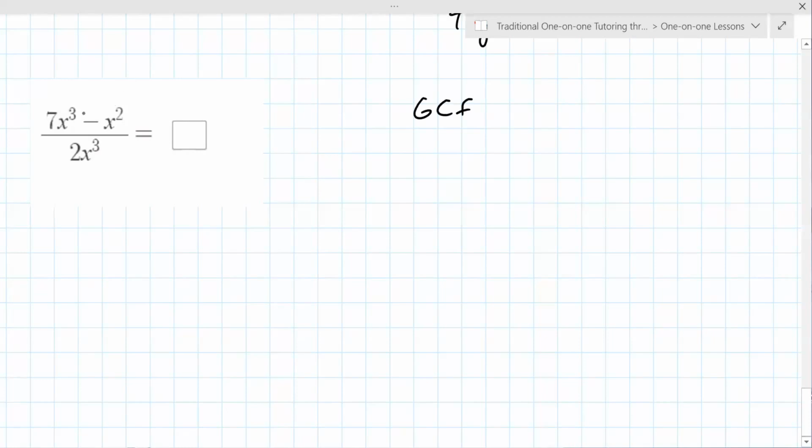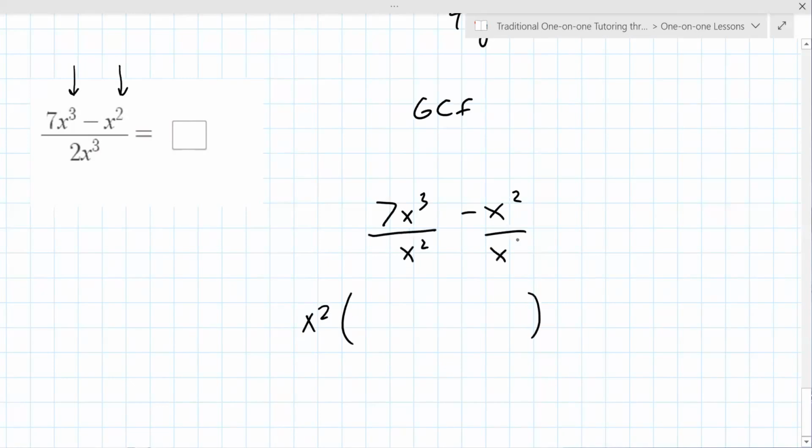In this case, it's x that's the same. So you look for the smaller exponent. What's the smaller exponent? 2. So you've got 7x cubed minus x squared here, and then you're dividing both of these by x squared. So this becomes 7x minus 1.